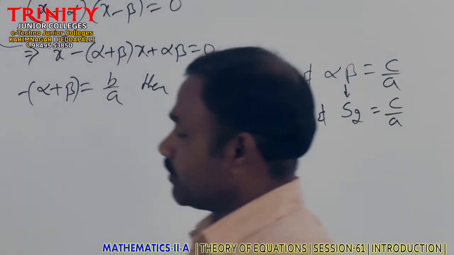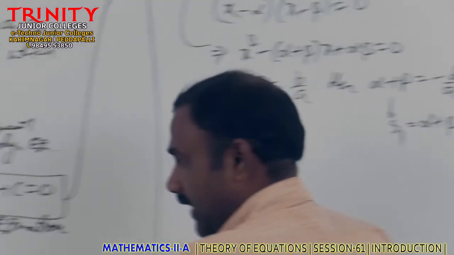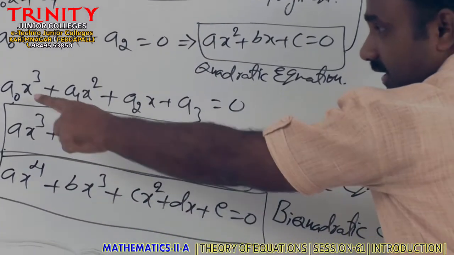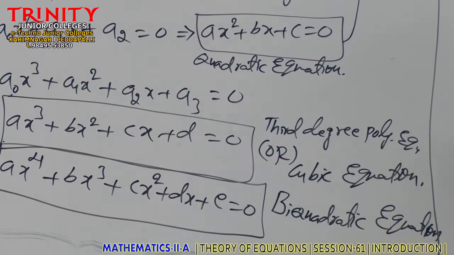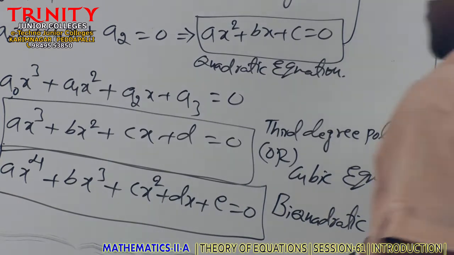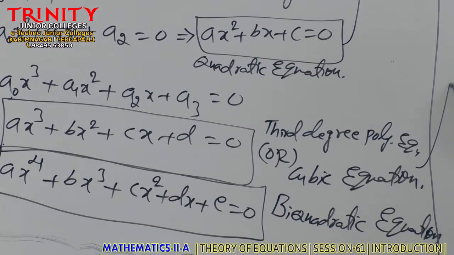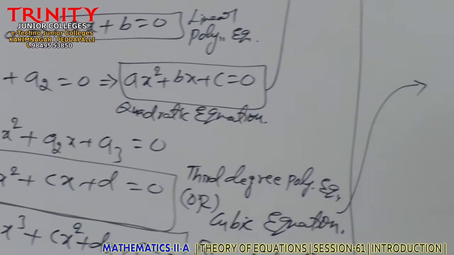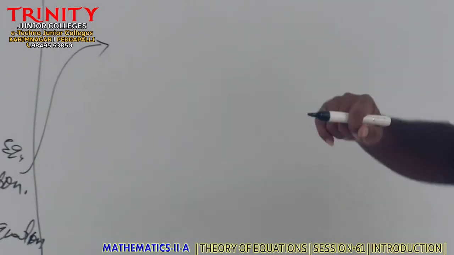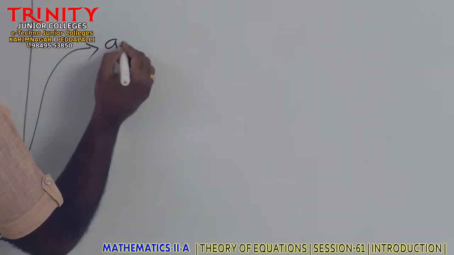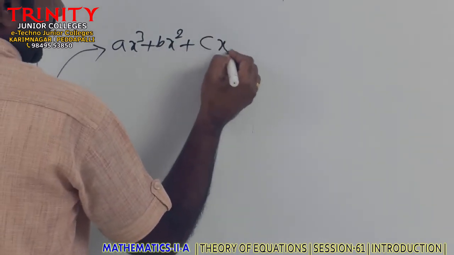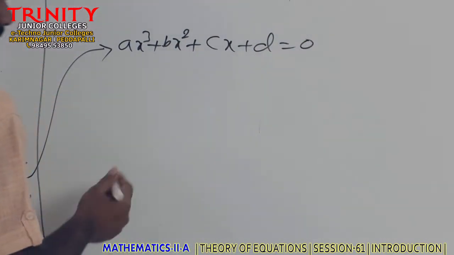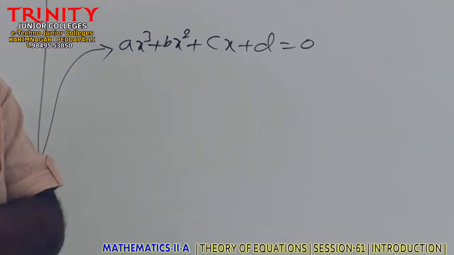And when it comes to 3 roots, it is a cubic polynomial. ax cube plus bx square plus cx plus d equal to 0 is called a cubic polynomial equation, a third degree polynomial. Every nth degree polynomial has how many roots?